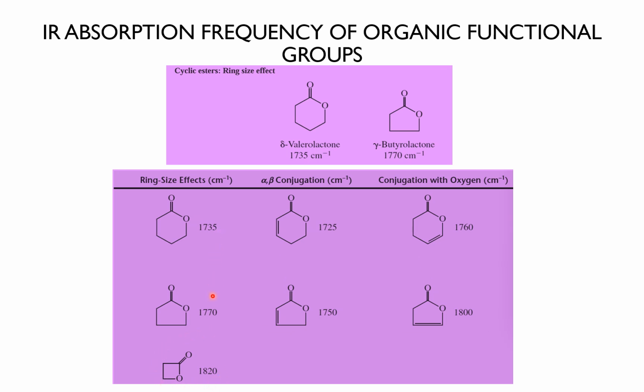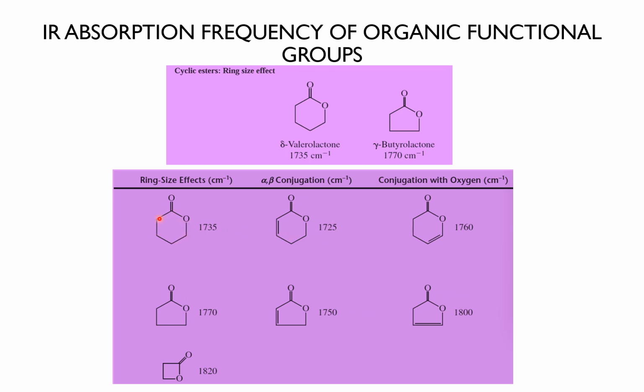So as the ring size is decreasing, angle strain is increasing, and hence absorption frequency is also increasing for the carbonyl group. If we have alpha beta unsaturation in cyclic esters, then as the conjugation increases, the value is going to decline as compared between these two six-membered.